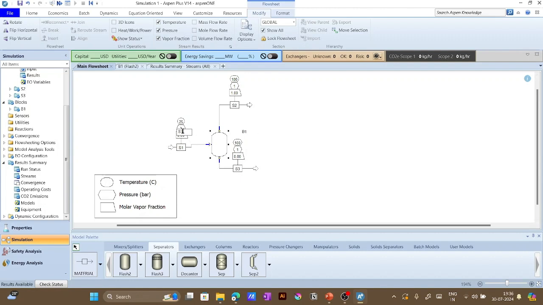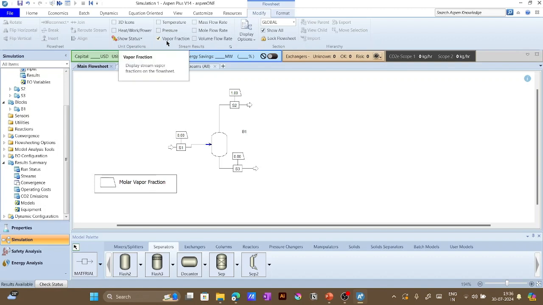So what does each of the streams mean, right? Same way, if you are using this Aspen Plus to generate specific data and then you want to represent it, you can use such options to specify it more correctly, so that anyone who is interpreting it can directly know what the temperature, pressure, and flow conditions of various streams are, right? So this is a customization option you have here.